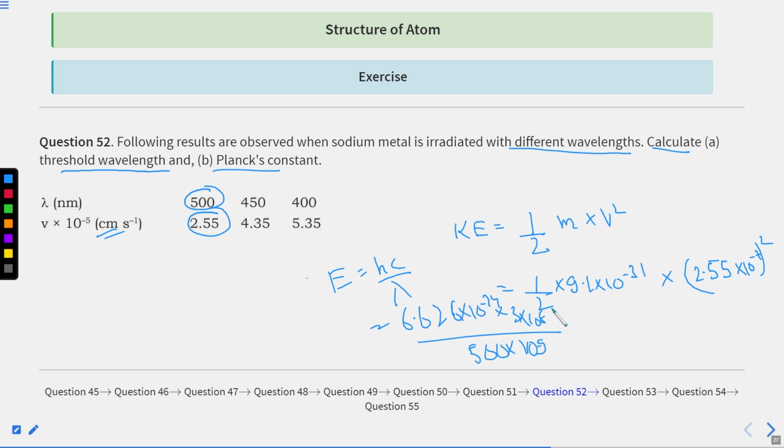Okay, so we will subtract energy minus kinetic energy to get the energy related with it. Once we got that, then we will calculate the threshold wavelength by using the formula E is equal to h c by lambda. First we calculate the energy, then you can calculate your wavelength very easily. Okay, got it?